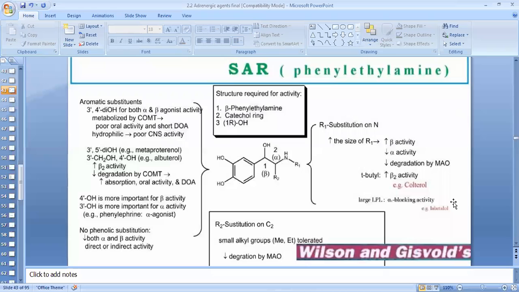That means this drug will block the alpha receptor, and the name of this type of drug is labetalol.